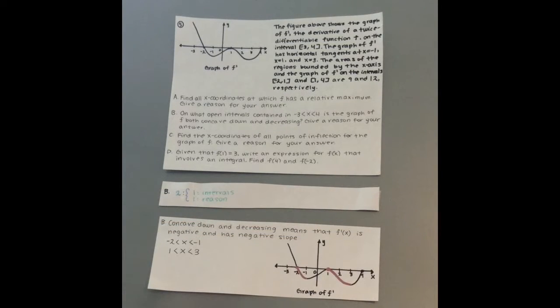So part B is also out of 2 points, one for giving the correct intervals of -2 to -1 and 1 to 3, and 1 point for the reason, which would be that it's concave down and decreasing because f prime of x is negative and has negative slope at those intervals.